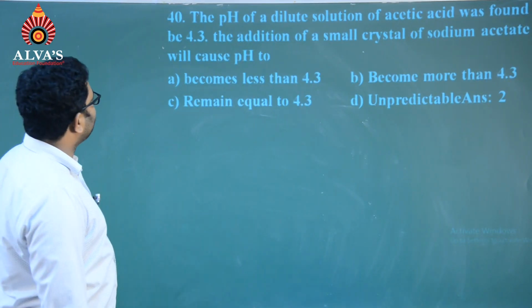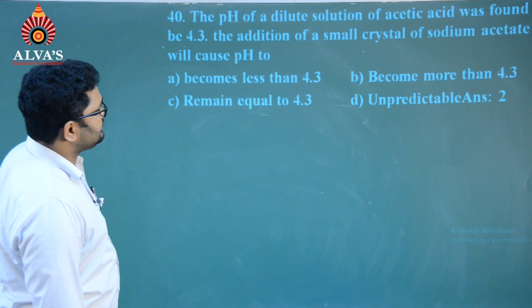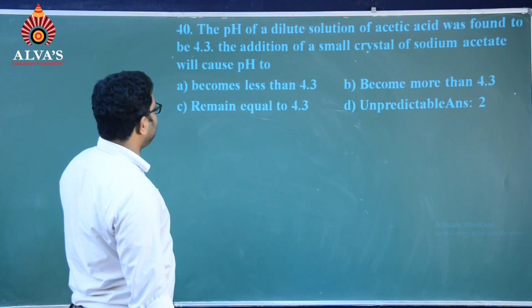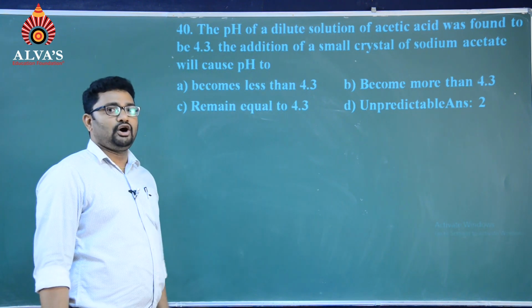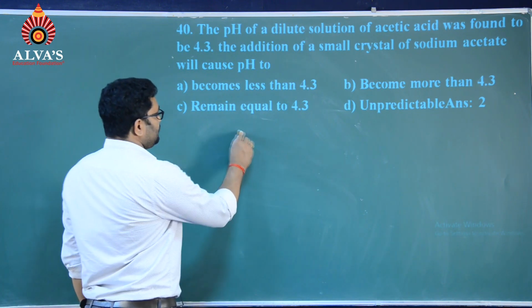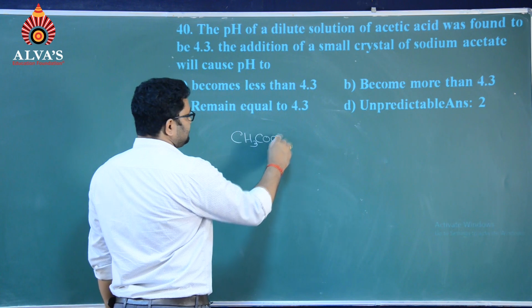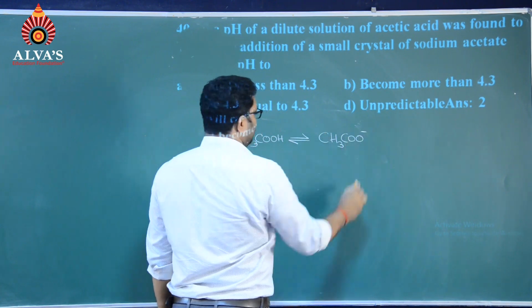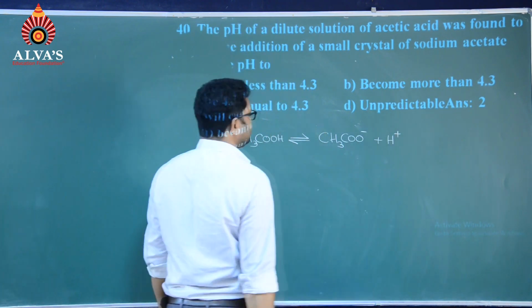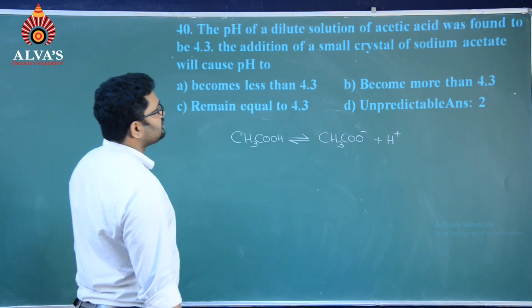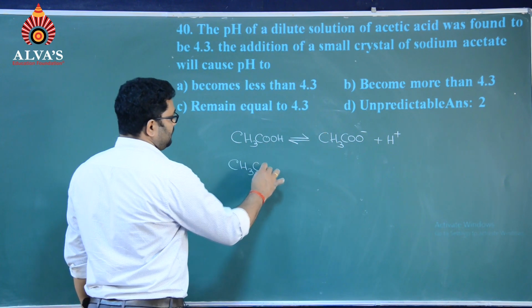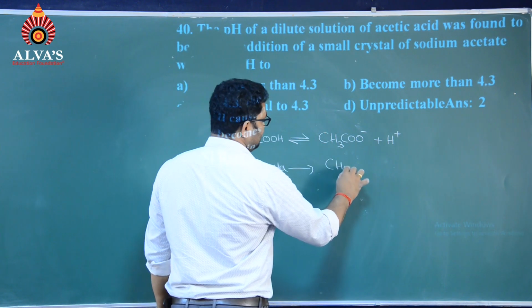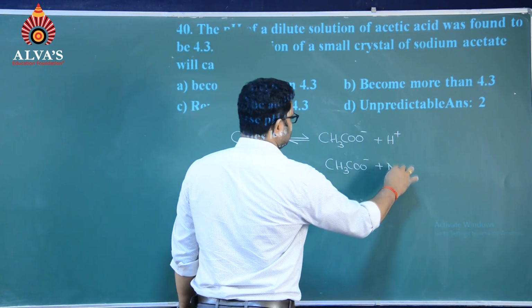Next question, question number 40. The pH of a dilute solution of acetic acid was found to be 4.3. The addition of a small crystal of sodium acetate will cause pH to? This question is based on the common ion effect. We have acetic acid, CH3COOH, that undergoes dissociation to acetate ion and H plus. Now we are going to add a salt which has a common ion, that is sodium acetate. Sodium acetate on dissociation gives CH3COO minus plus Na plus.